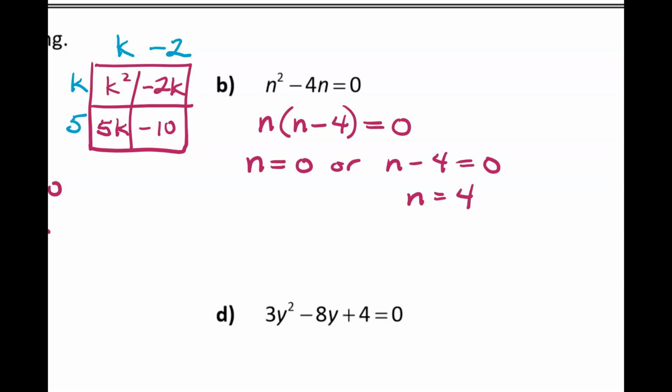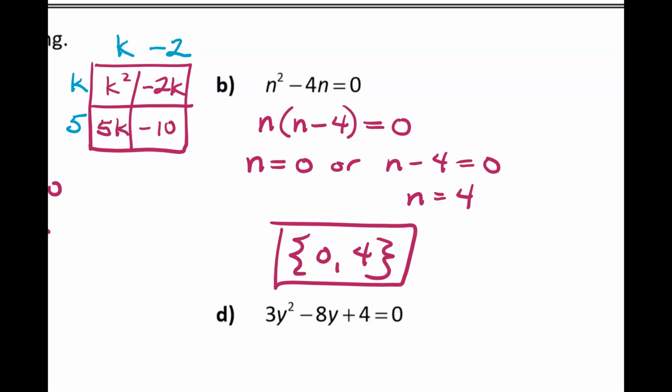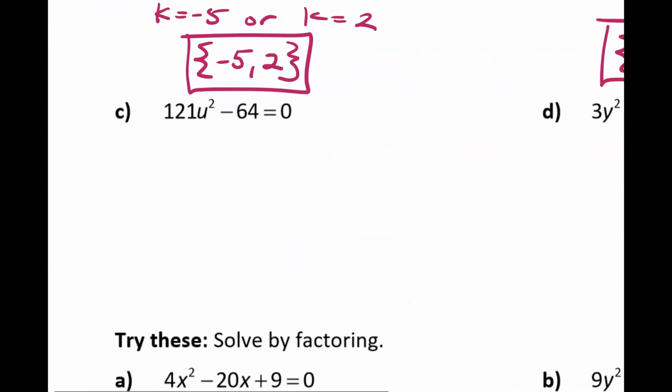Let's solve each for n. So I get either n is equal to 0 or n is equal to 4. There are two solutions. That's generally true about any quadratic equation. It has two solutions.